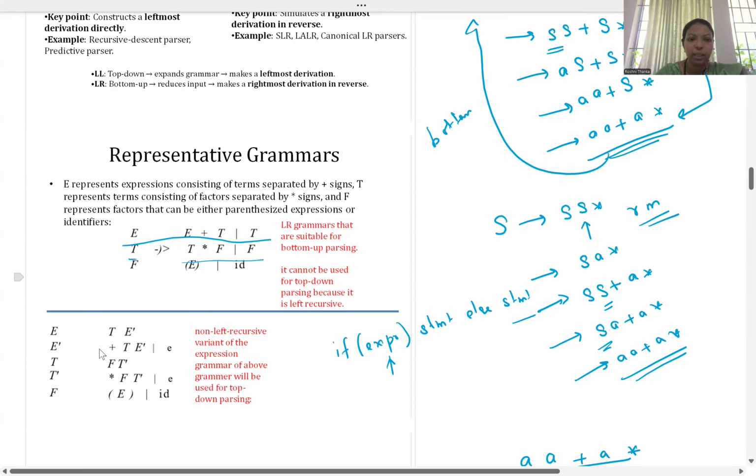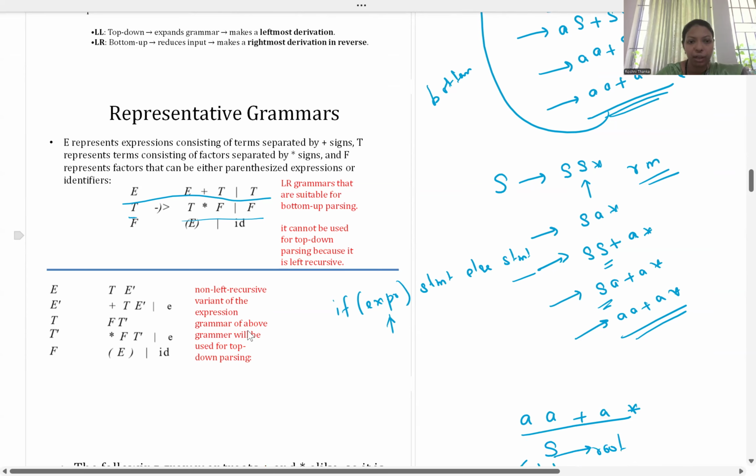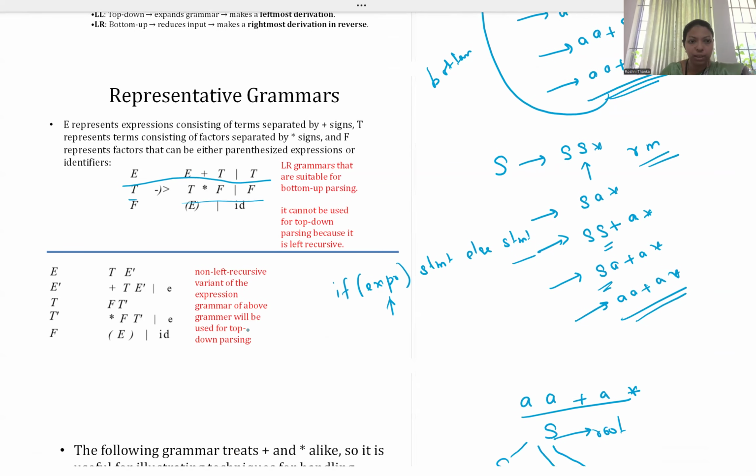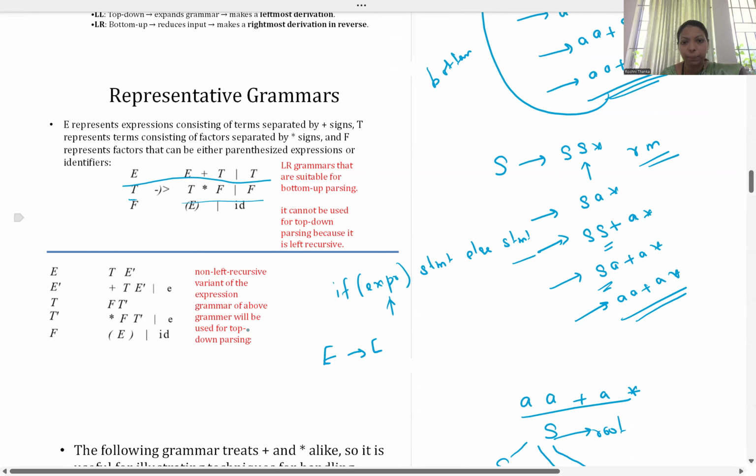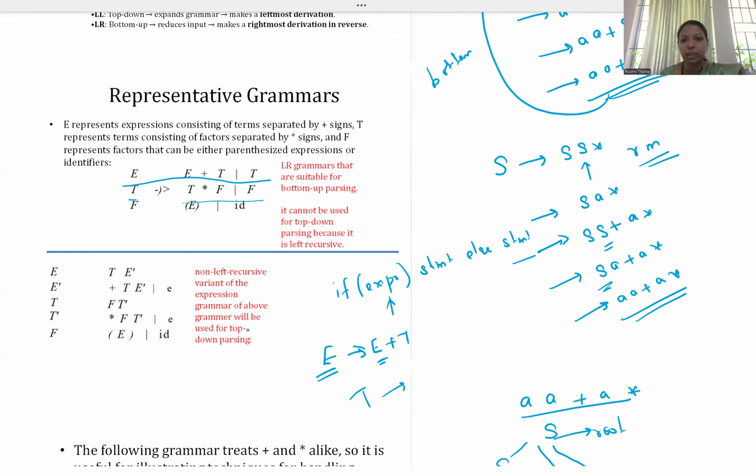For example, consider a grammar E tends to E plus T. Here the left side is E, the non-terminal. The right side production also starts with the same symbol, so it is a left recursion. For example, T tends to T into F. The left side non-terminal is equal to the first right side non-terminal.